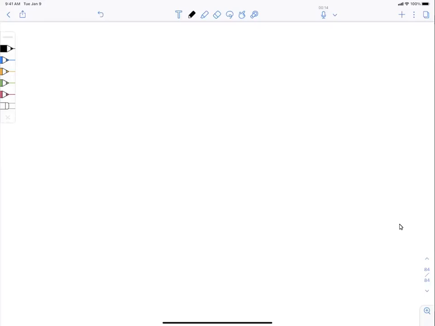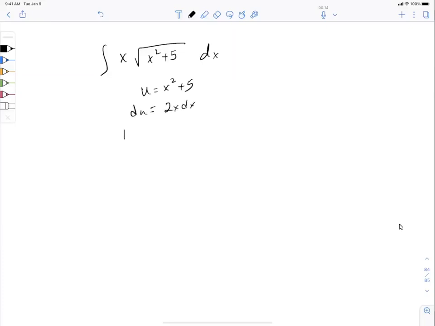Now, let me first step back a little bit and tell you radicals are not always bad. So if I have x square root of x squared plus 5, for example, dx, this is not bad. I can integrate this. I can do u equal to x squared plus 5, du is equal to 2x dx, and then 1/2 du is x dx.